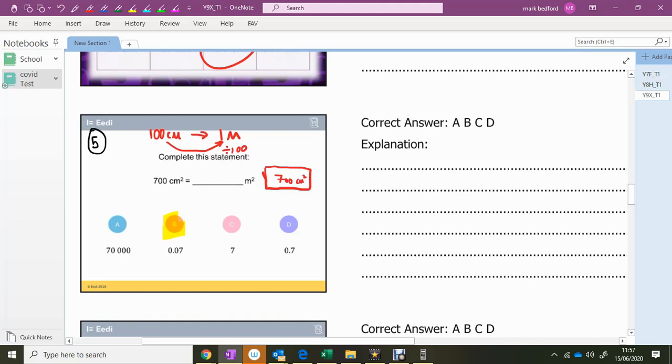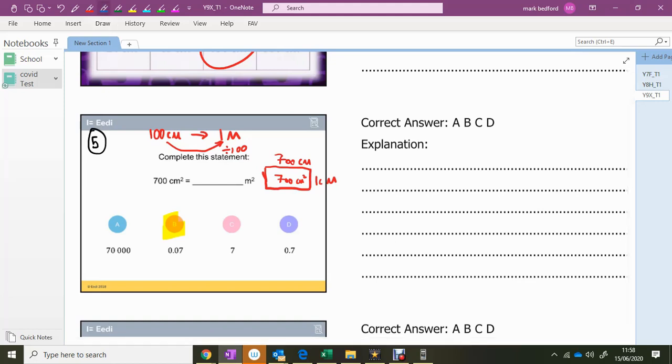In order to get the dimensions for that, if you choose one of the dimensions as 1, in this case 1 centimeter, then the other dimension will have to be the 700. 700 times 1 makes the 700 centimeters squared.